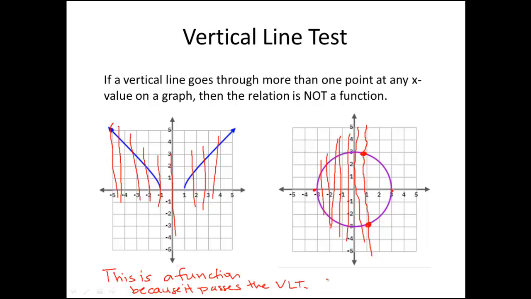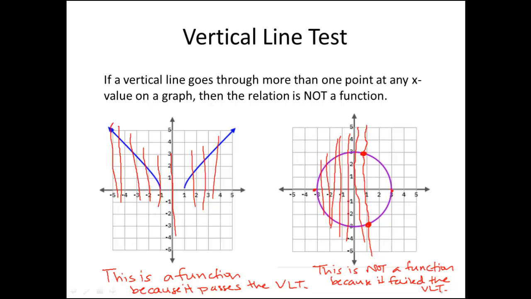But everywhere else, it's going to have 2 points on that vertical line. So we'll say this is not a function because it failed the vertical line test.